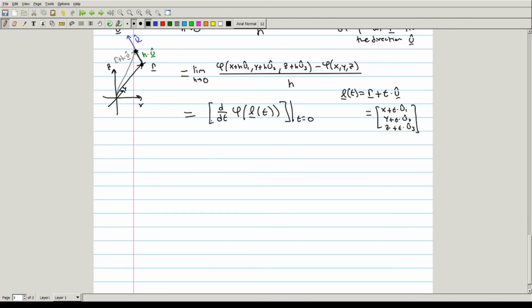And you'll remember that this derivative right here is nothing but, we can evaluate this using the chain rule. Right? The phi here depends on x, y, and z, each of which depends on t, from this linear equation right here.